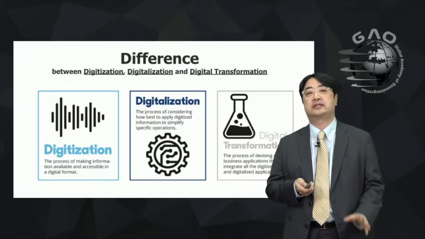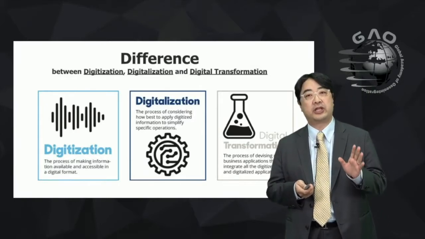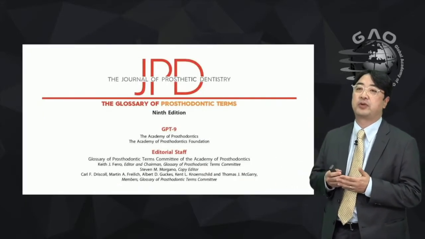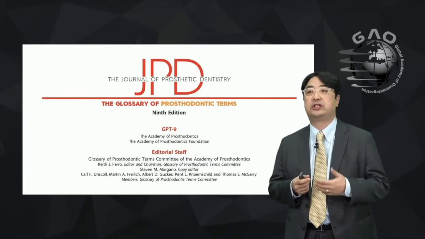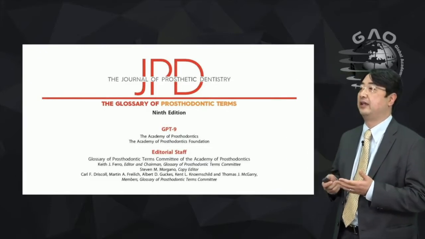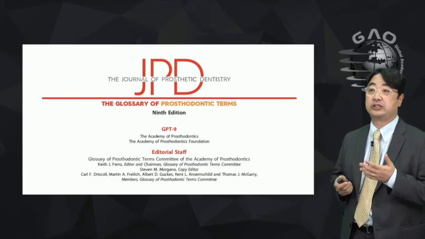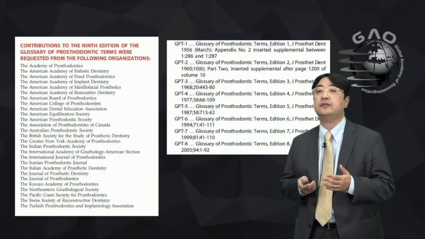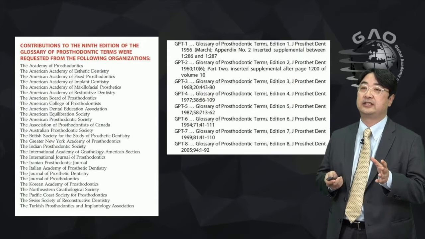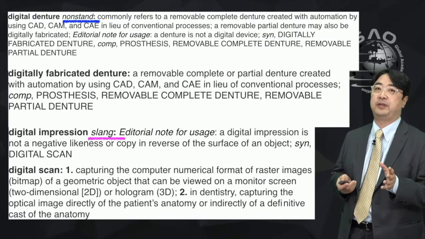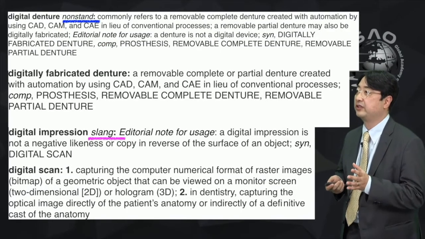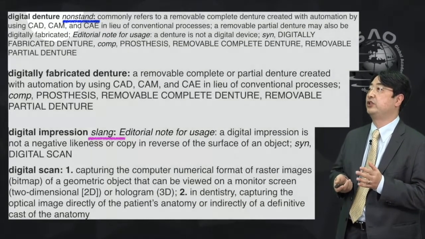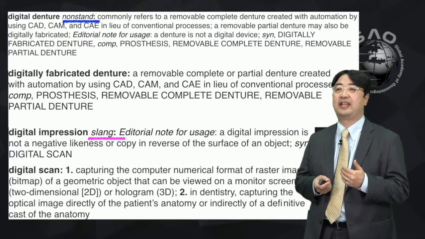Let's talk a little bit about the terminology we have. The ACP, American College of Prosthodontists, released the GPT-9, Glossary of Prosthodontic Terms 9, 2 years ago. According to them, digital denture is non-standard, so we should say digitally fabricated denture instead.